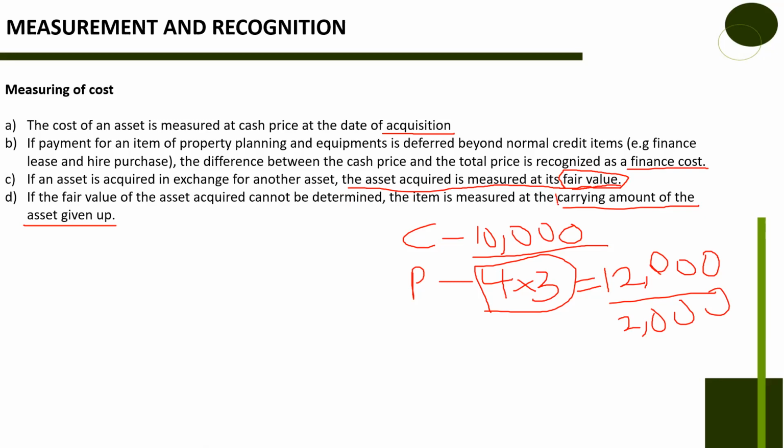This carrying amount means the amount on book, this is the cost minus depreciation. So carrying amount means that this is our initial cost. Then we have depreciated the asset over time. Our net book value is our carrying amount.